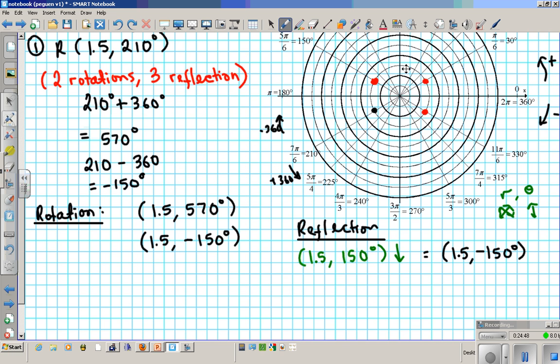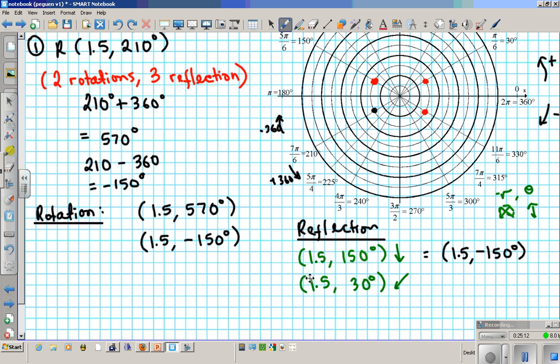Now, let's pick the next point. This one right here is 1.5 and 30. So this one I need to go across. Is it a reflection along the radius? So what do I negate to accomplish a radial reflection? Simply negate the radius, right?